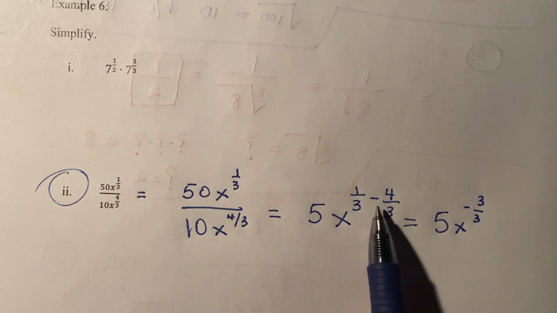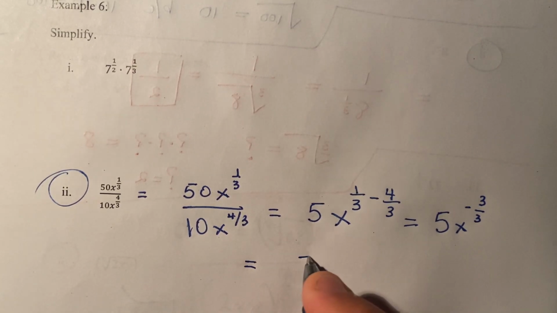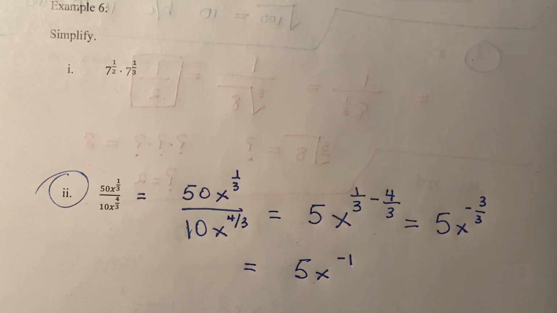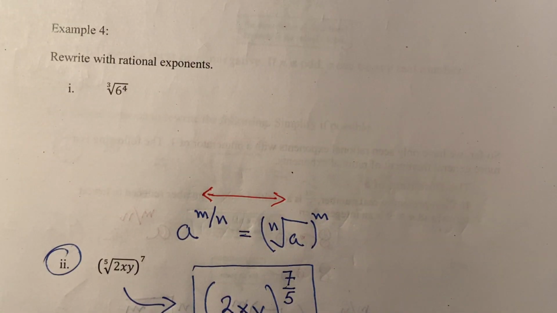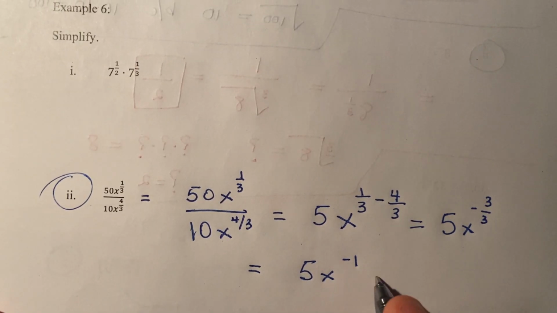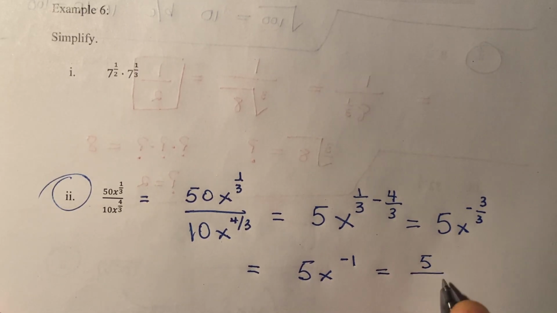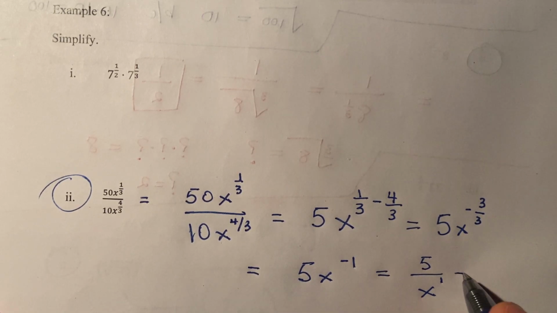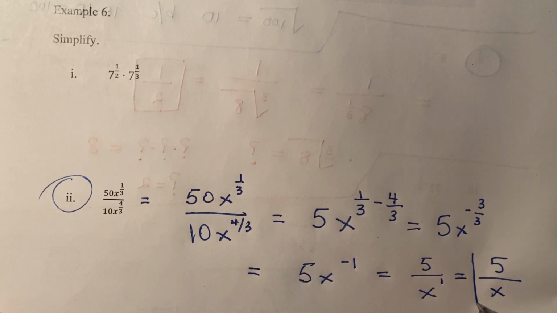Right, 1/3 minus 4/3 gives us negative 3/3, and that would be equal to 5x to the negative 1. And from the property on the previous page, on page 75, the negative power can be rewritten in the denominator as a positive power. And with a power of positive 1, we usually don't write that 1. So I would just leave this as 5 over x.